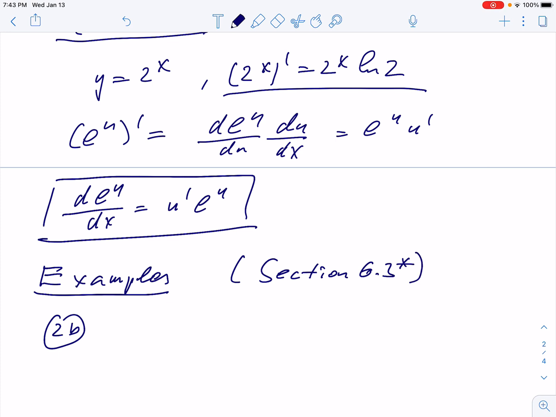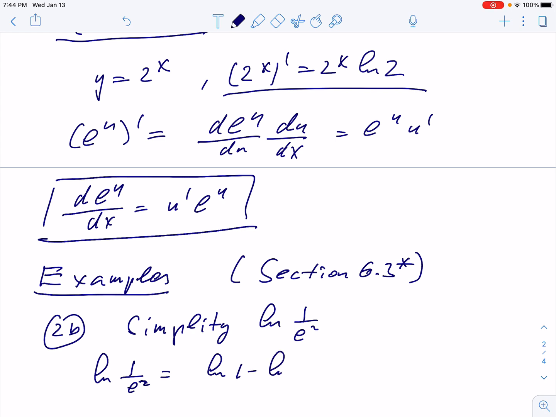In 2b, we have to simplify natural log 1 over e squared. It's a logarithm of a ratio, so I'm writing natural log 1 minus natural log e squared. Logarithm 1 is 0, and for the second term, we put the power in front using the exponential property, so this will be 0 minus 2 natural log e. Natural log e is 1, so this is just negative 2.